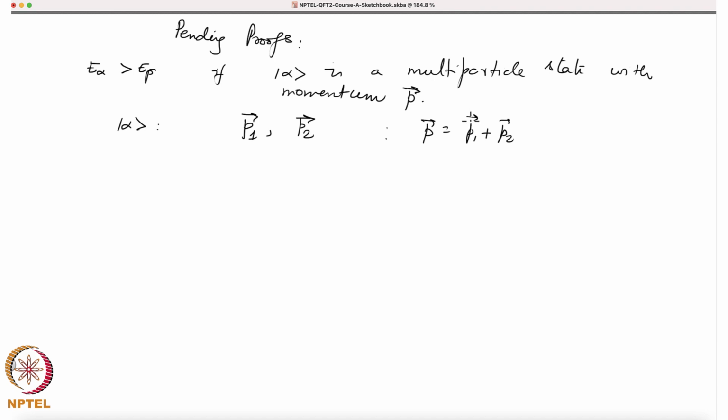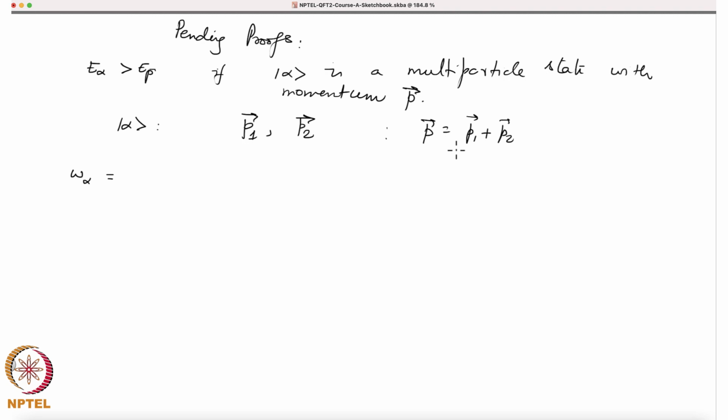And the particles have physical masses m_p. So what's the energy of the state alpha? Remember, the energy and momentum of these states are the same as that of two particles which are non-interacting with each other.